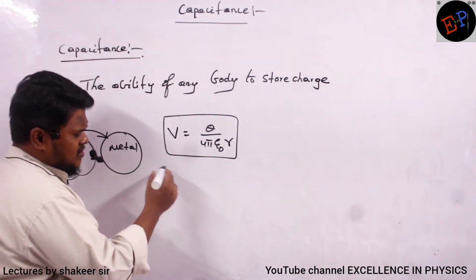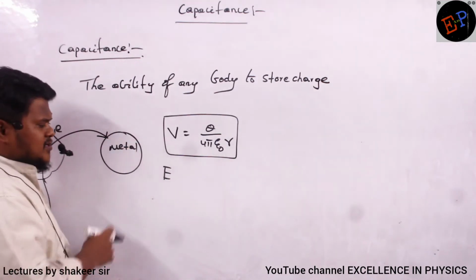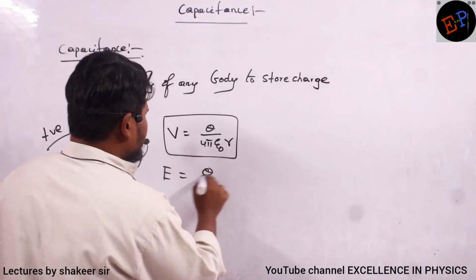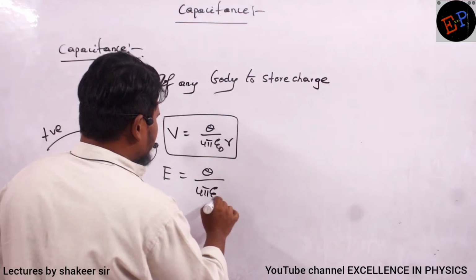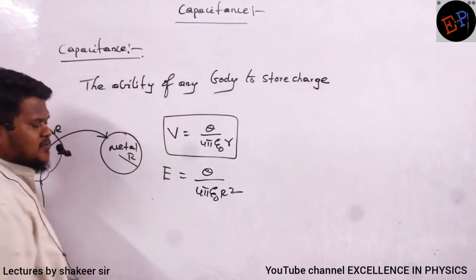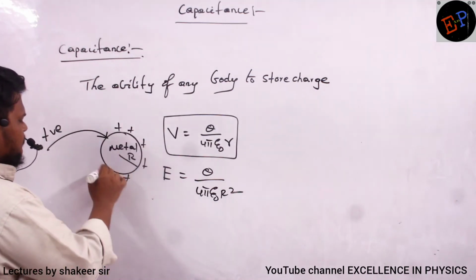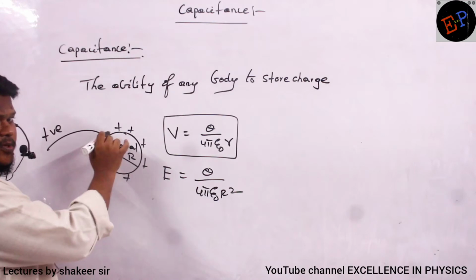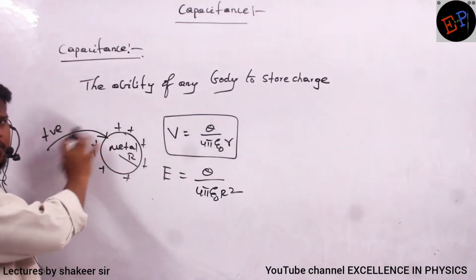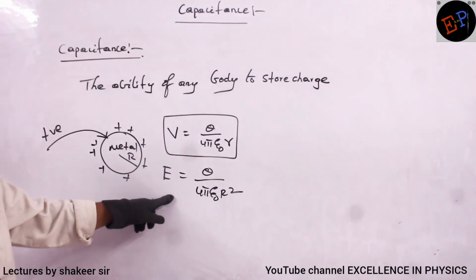Similarly, what is the equation to calculate electric field of this sphere on the surface ma? E is equals to Q divided by 4 pi epsilon naught into R square, if R is the radius of this metallic sphere. Charges are present continuously on the outside surface, no? Are you able to understand? Continuously I am increasing the charges, so potential increases, electric field also increases.